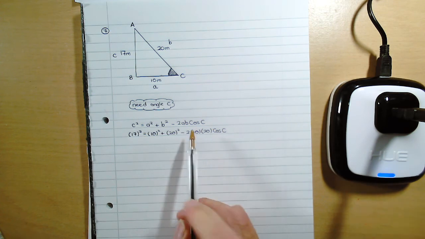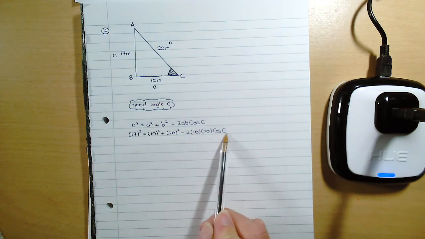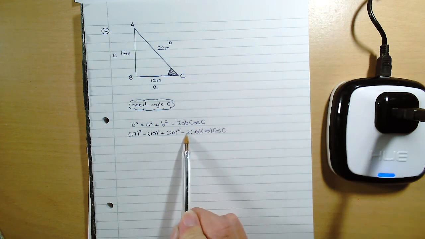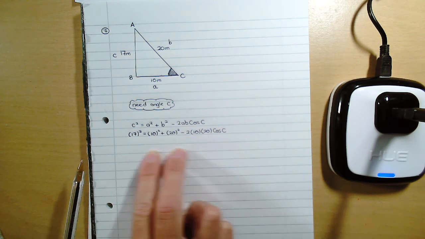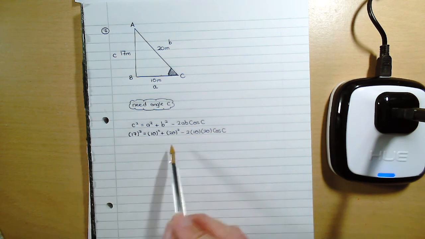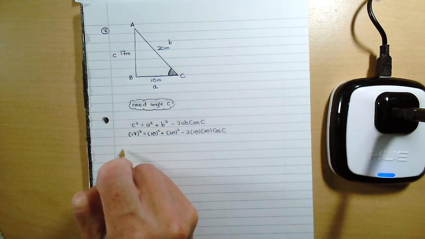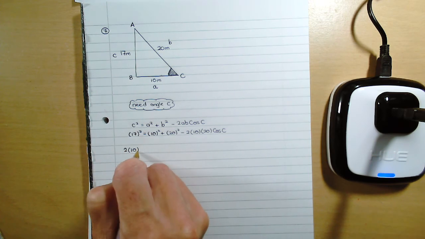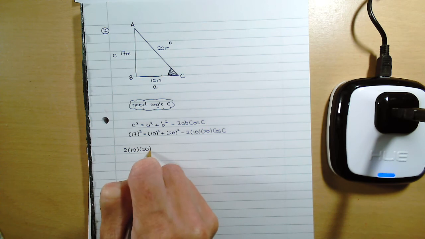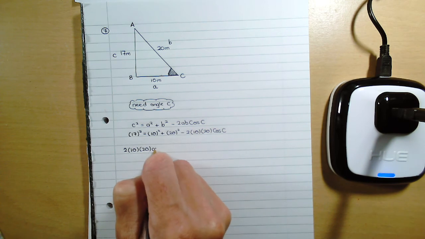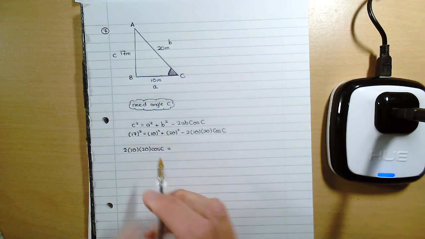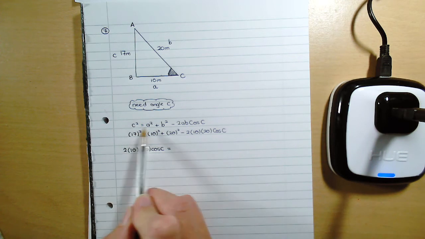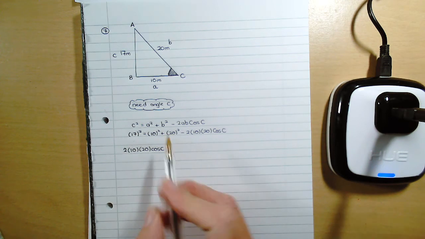So this is all one term here from this minus onwards. So we want to move that entire term to the other side to make it positive. So if we do that, we're going to have the following. Okay, copy down our equals, and we're going to move the 17 squared to the other side, so we need to change its sign as well.